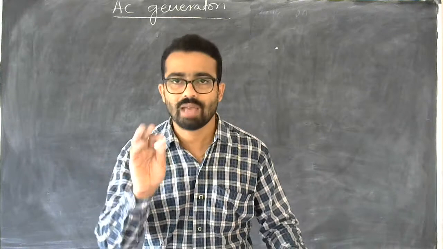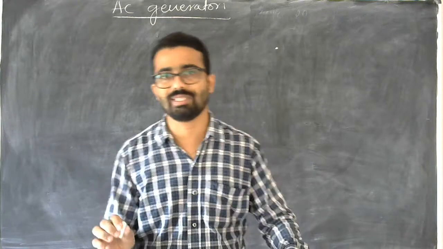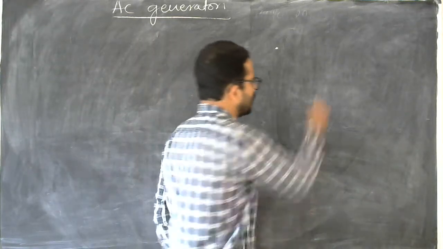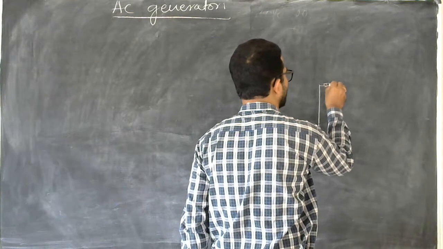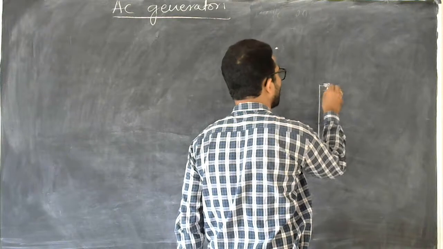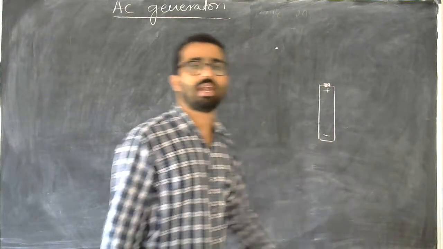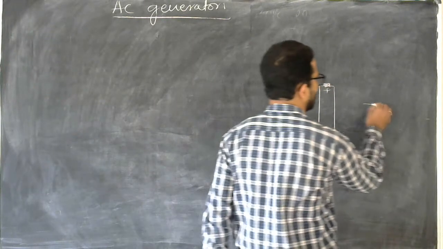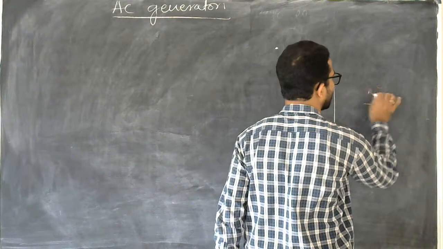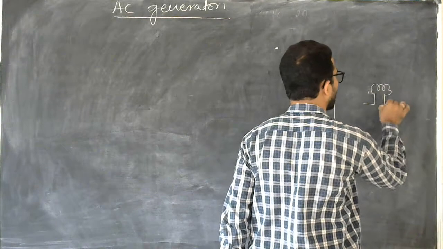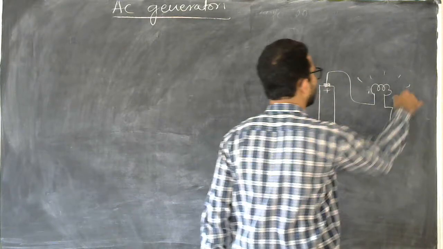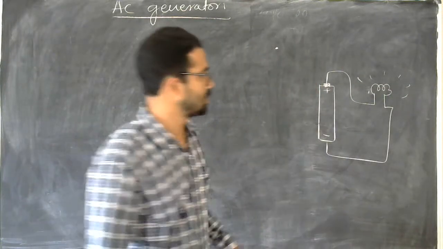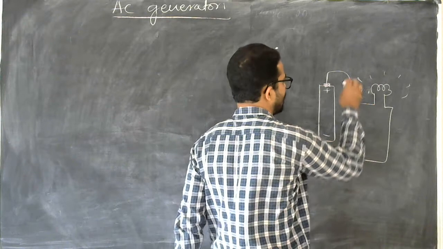If you take a battery, it has two poles. It has a polarity. Positive and negative poles it has, isn't it? You might have observed it. If you have a connection to any bulb, the bulb will glow because the current will flow like this.